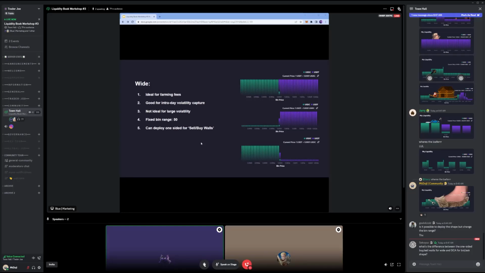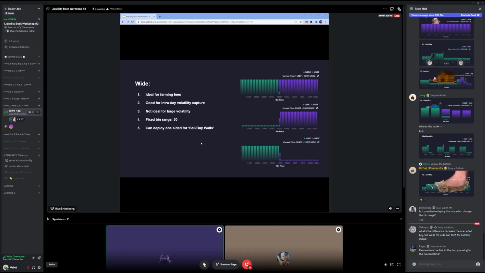You can deploy stuff like sell or buy walls. Again, it's all about entering 99% of your tokens on one side and 1% on the other side, and you can get a sell wall or you can get a buy wall. And these are quite good if you're doing your own analysis and you're thinking there's support or perhaps resistance in a certain range.